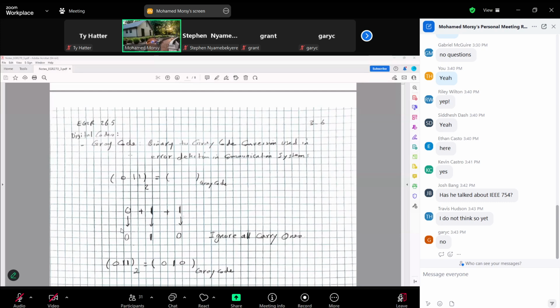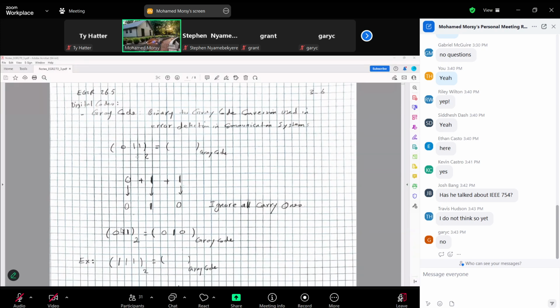Another code is called Gray code. Gray code is an important code used in communication systems for error detection. Why? We'll see why. But first, how do we convert from binary to Gray code?